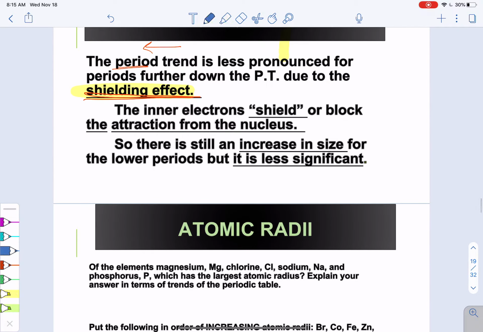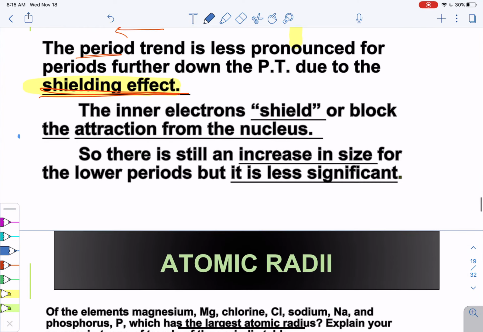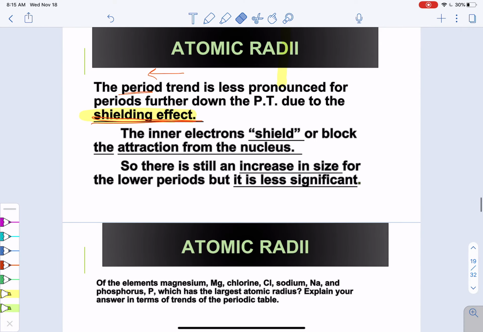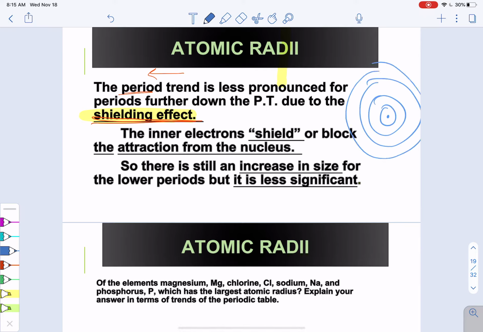So what happens when we get all the way down to the bottom of the periodic table is we have now added so many rings: 1, 2, 3, 4, 5, 6, 7.